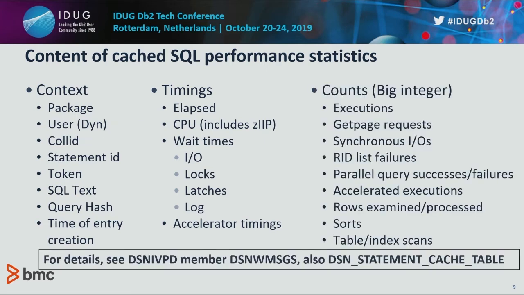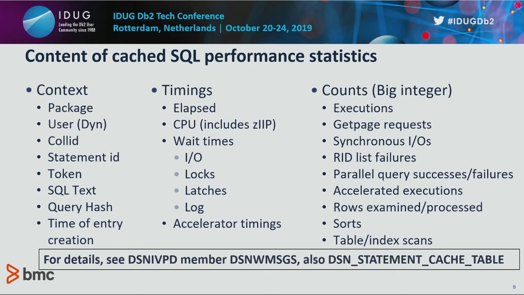Then you have some counts: how many times the statement ran, how many getpages were issued, and then I/O activity, a lot of the same things that are counted in the accounting traces. Information about parallel query successes and failures. And then these last, accelerated executions; those last three I'm going to talk about on the next slide.